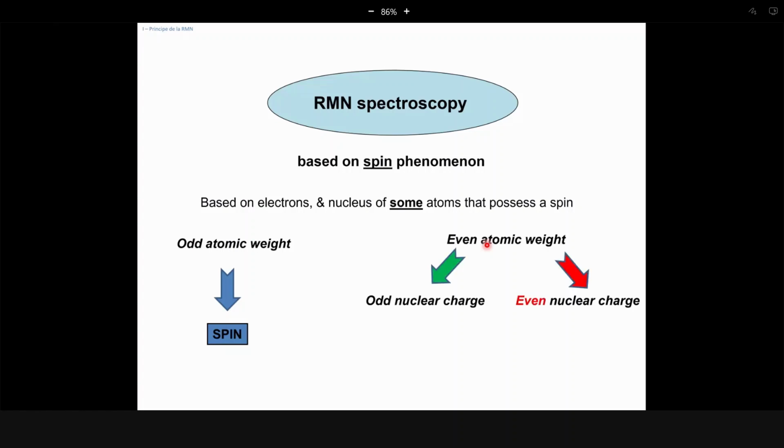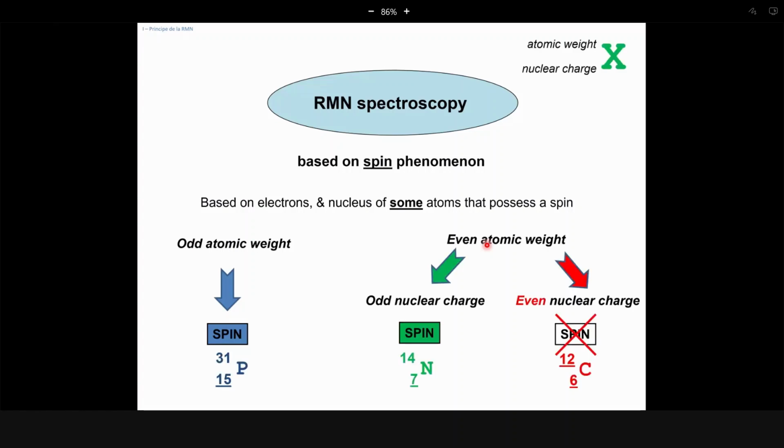As you know, the atom is characterized by a letter, and you know that we have atomic weight and nuclear charge. These are the two numbers linked to the atom.